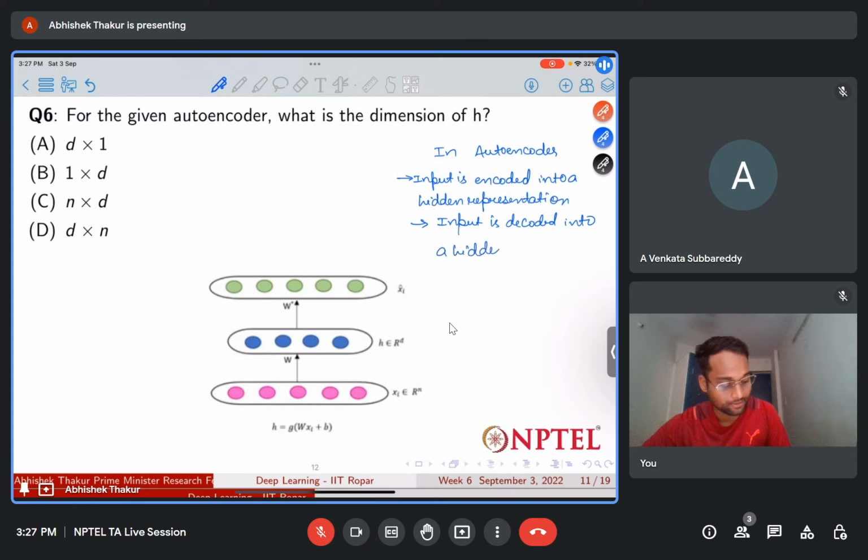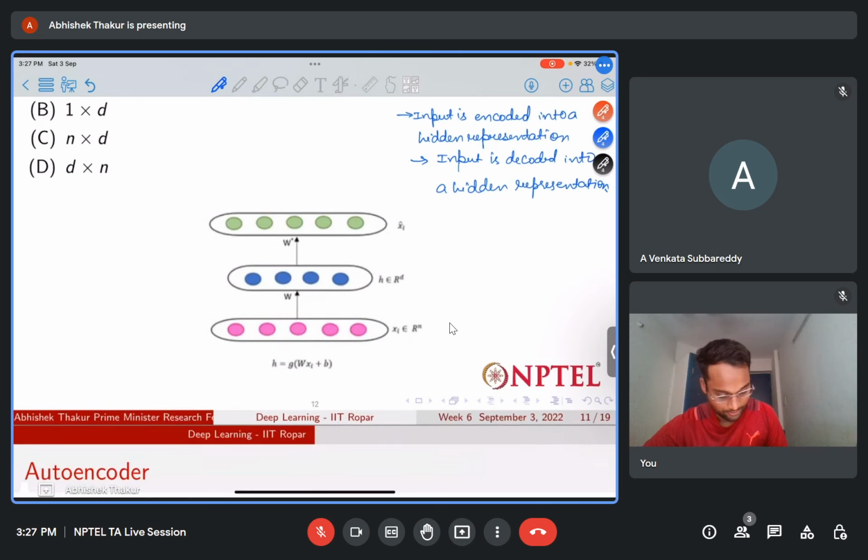into a hidden representation. So in this case, you can see that H is equal to G of WXi plus B. W is the weight vector and B is the bias.